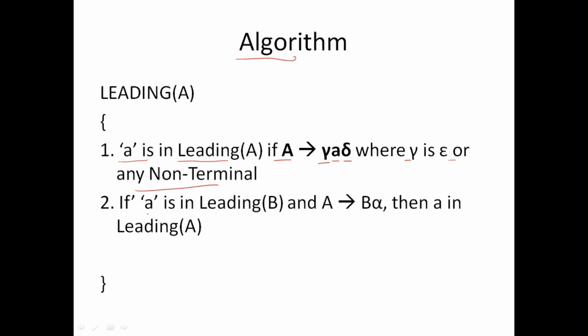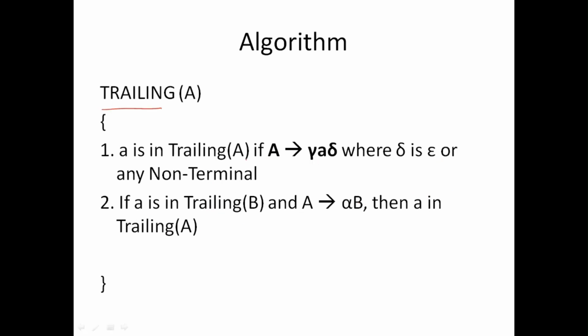And second, if a is in leading of B and A is rewritten as B alpha, then a is also in leading of A. Similarly, for trailing, if A is rewritten as gamma a delta, where delta can be epsilon or a single non-terminal, then this a is put in the trailing of A. And if A is rewritten as alpha B and a is in trailing of B, then this a is also put in trailing of A.